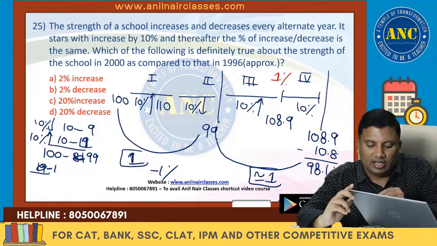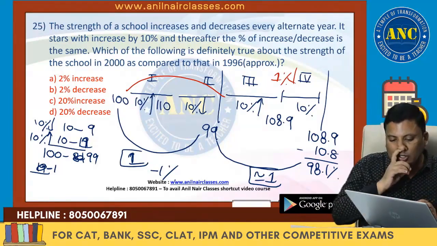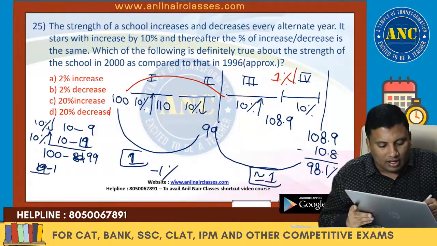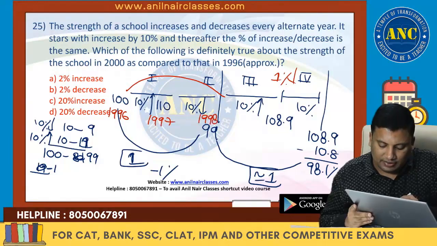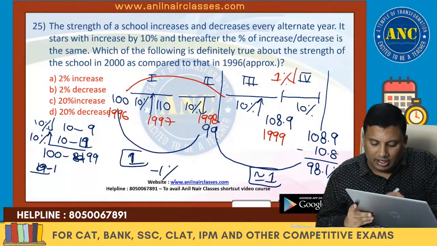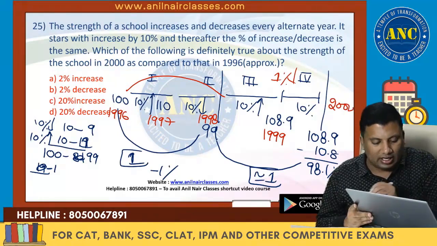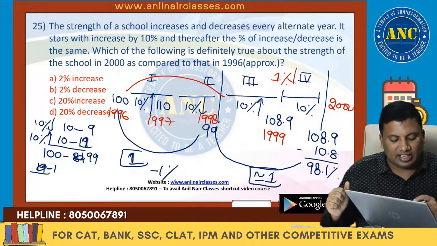If first year, second year, if the same pattern is there, so these are 1996, 1997, 1998, 1999 and 2000. Now if you see here, from 1996 to 97, 10 percentage increase.